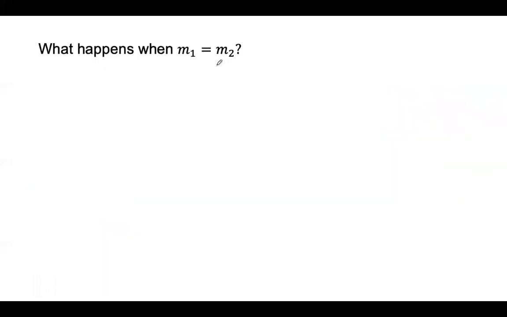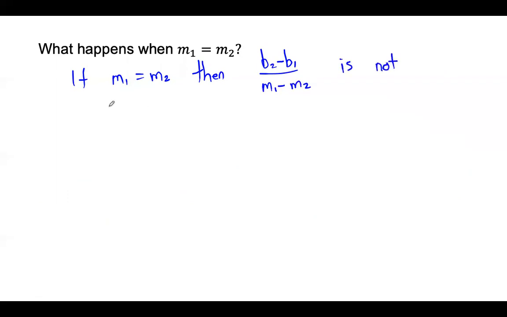So what happens when M1 equals M2? You can make a little note here. If M1 does equal M2, then B2 minus B1 divided by M1 minus M2 is not meaningful. It does actually have a meaning, so I can say what the meaning is in the seminar.